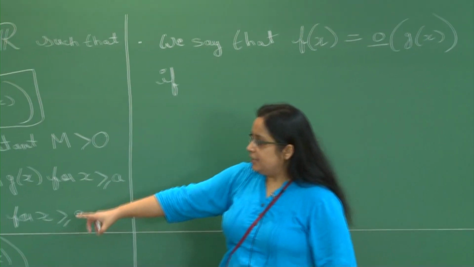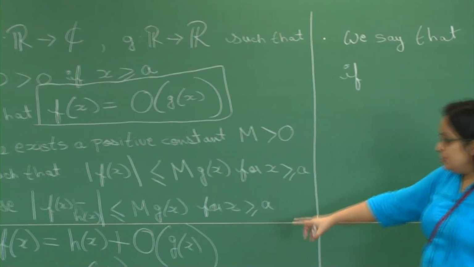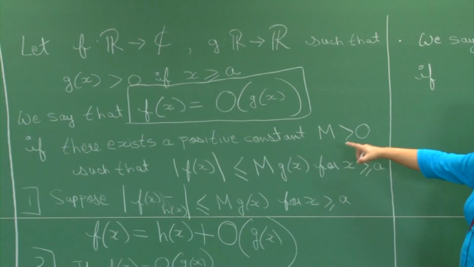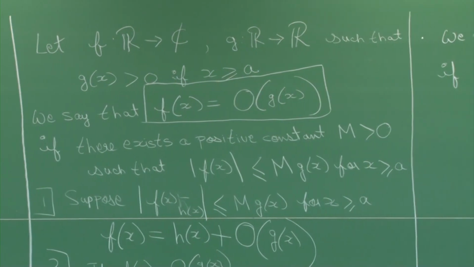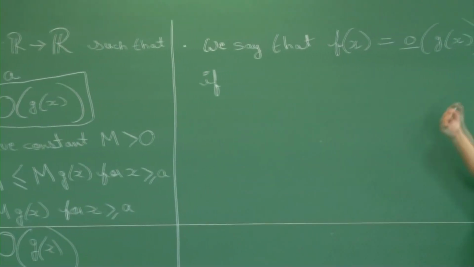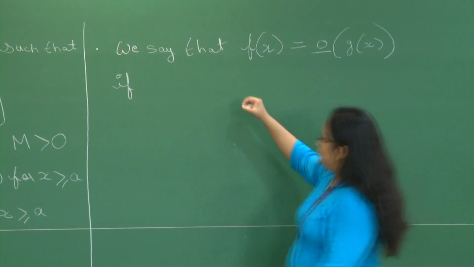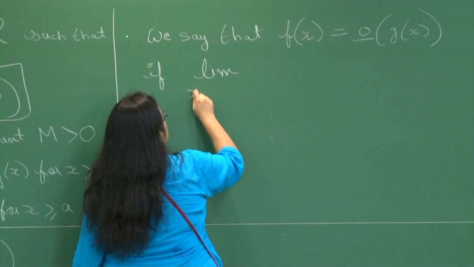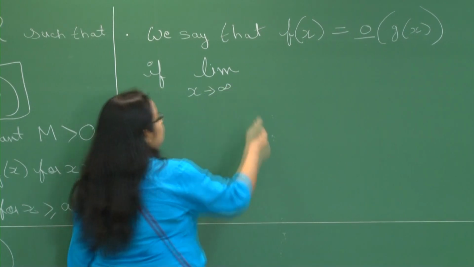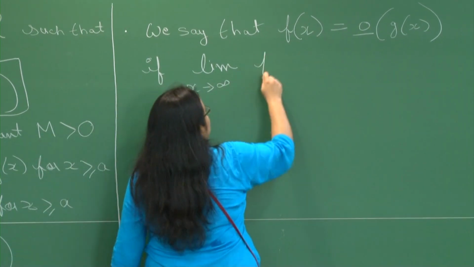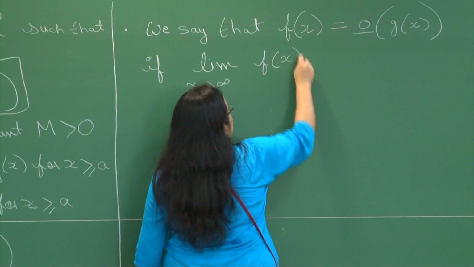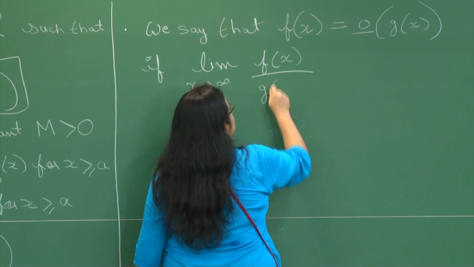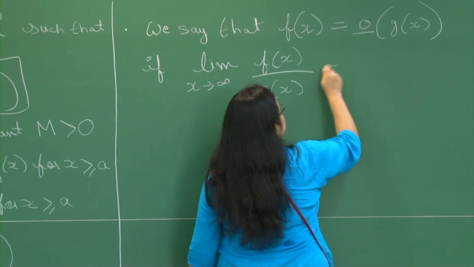The earlier notion tells you that the growth is bounded at most by the growth of g, but here this is a stronger notion which tells you that the limit as x goes to infinity of f of x over g of x is 0.